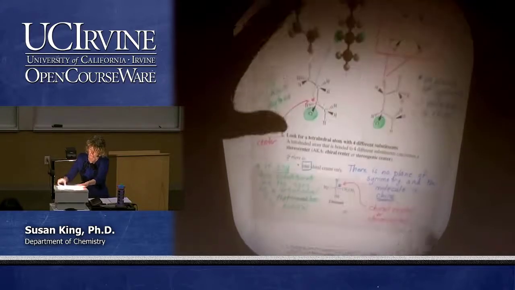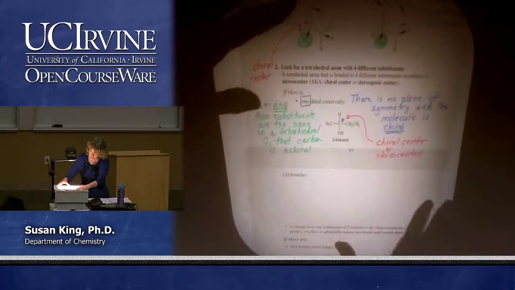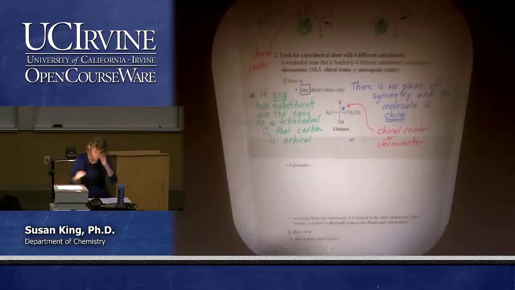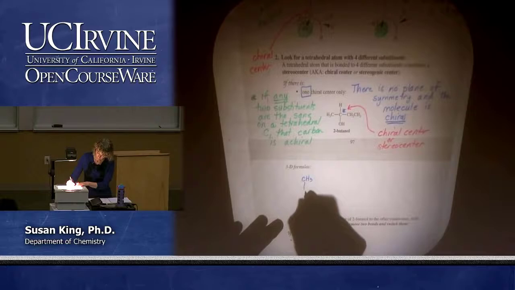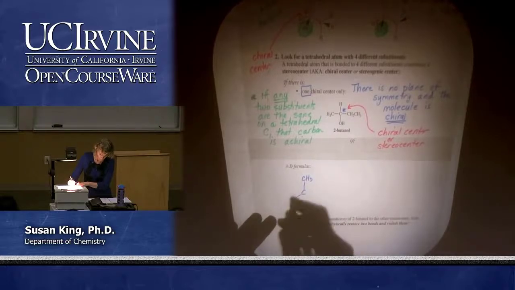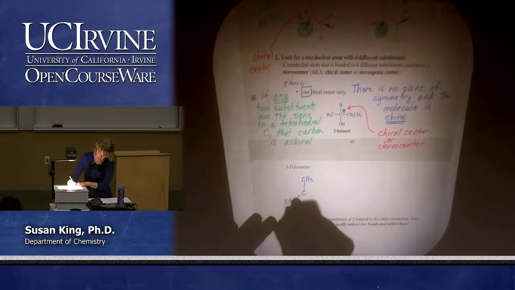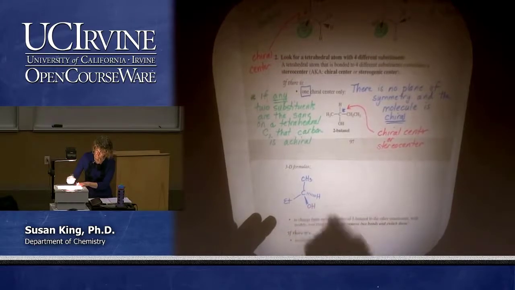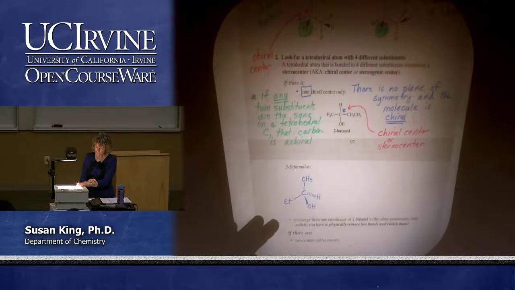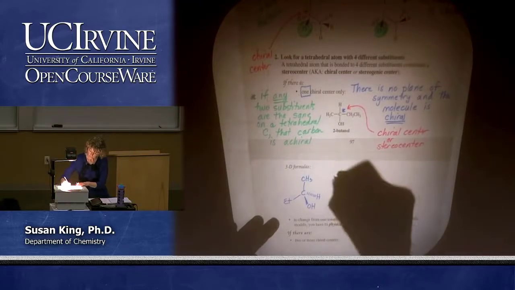If you have, and let's draw 3D structures for this. And we'll just use ET for our ethyl. Save us a little time here. That would be 1 enantiomer of 2-butanol.